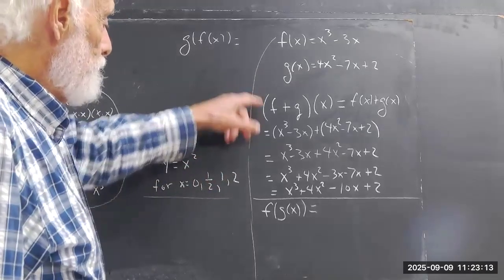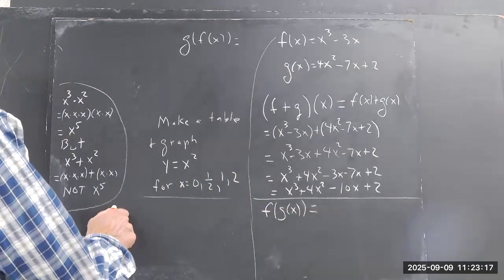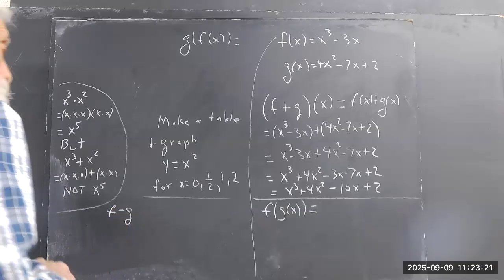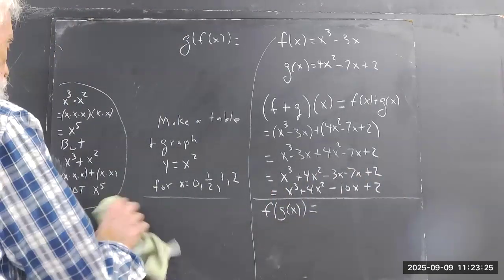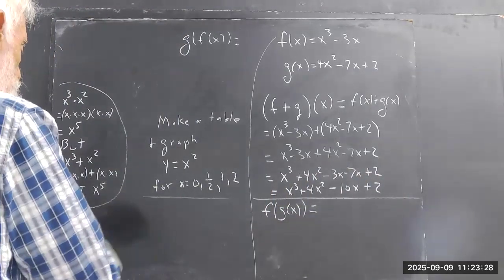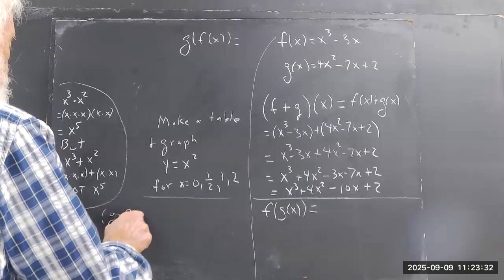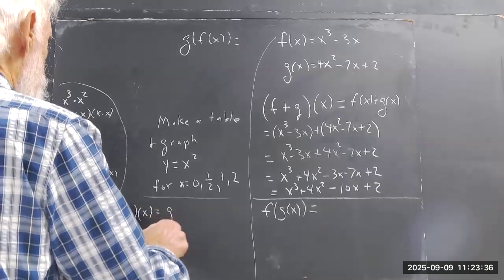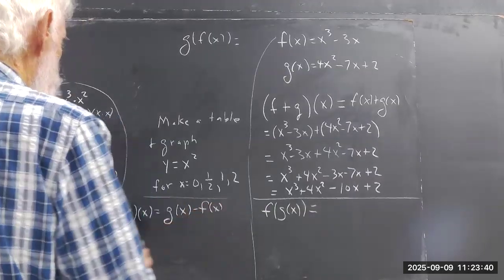Okay, now I didn't leave myself room to do f minus g of x, so I'm going to do it down here. Actually, it was g minus f, wasn't it? That just means g of x minus f of x.